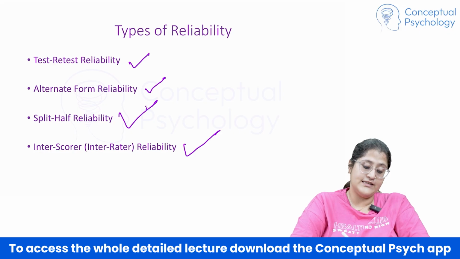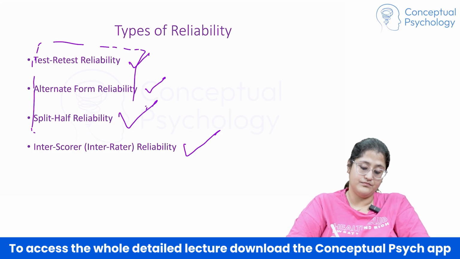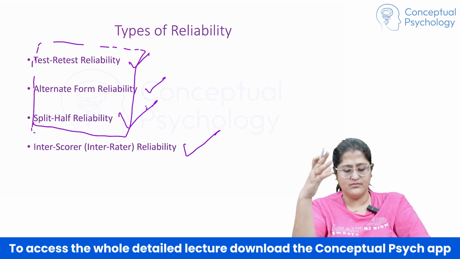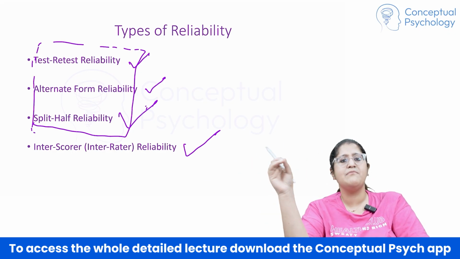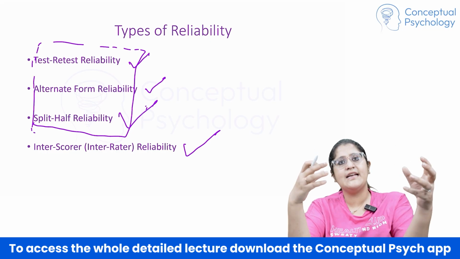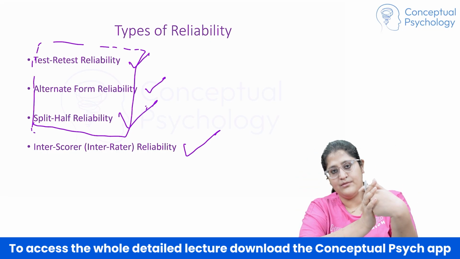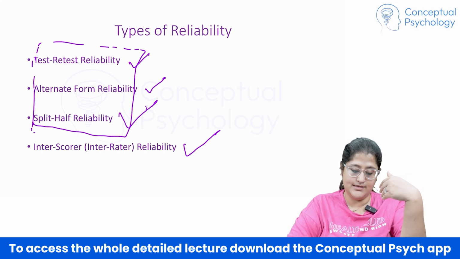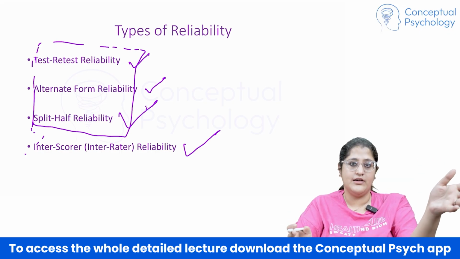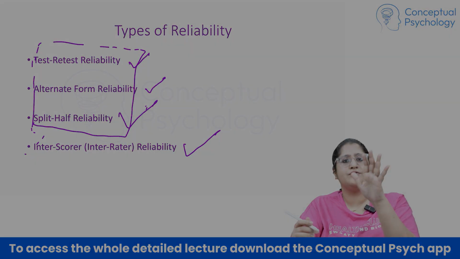Now the first three are majorly, not exactly, but majorly used to assess the internal reliability, while the last is an assessment of external reliability. We will go into the details of all of this.